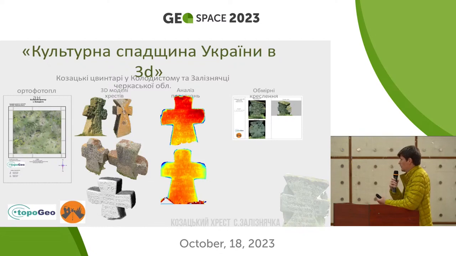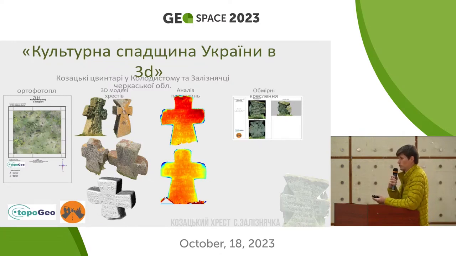cemeteries. Those crosses were made of sand 200 years ago, and they are Cossack crosses, which prove that back then there were free Cossacks living on that land. This refutes the myth that Russia is spreading, that Ukrainians are not indigenous there, that it has always been Russian land.